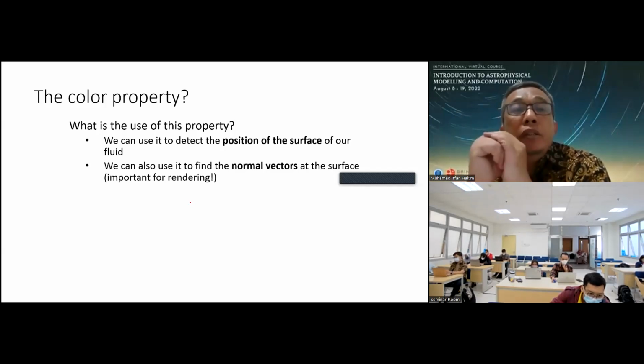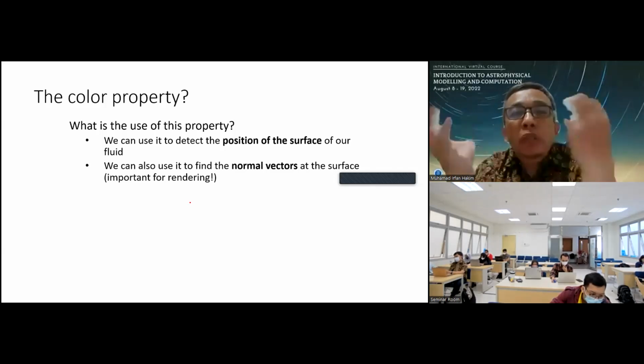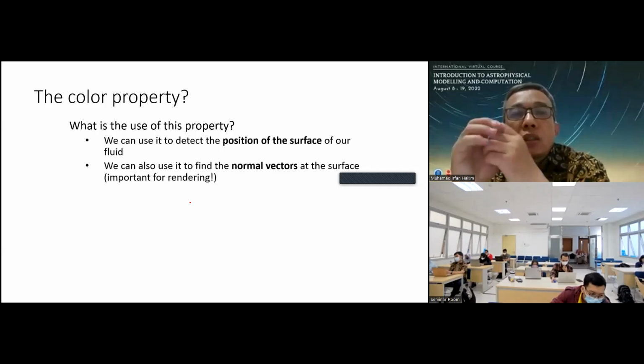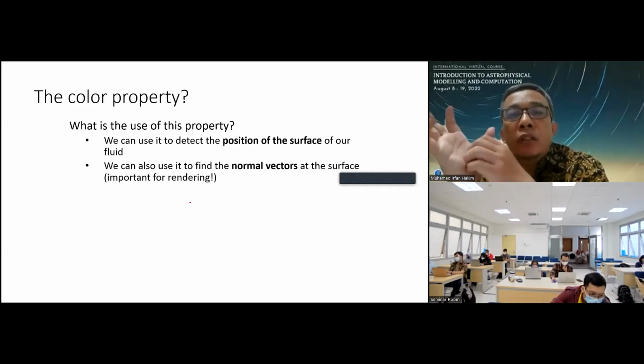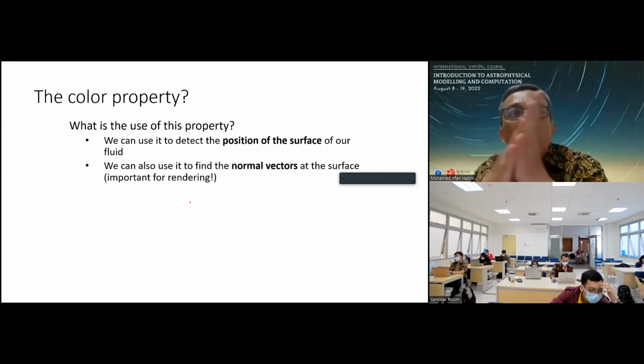And maybe we code the factors of the velocity in a specific direction, for example, normal factors.